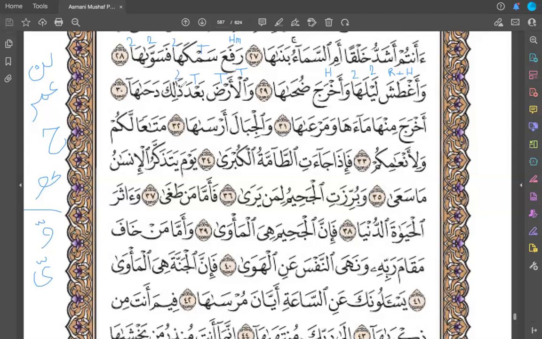Make sure you engage the right makhraj. Makhraj of dal is to put the upper part of the tip of your tongue to touch the upper two teeth. The edge of the upper two teeth will be touching the upper part of your tongue.